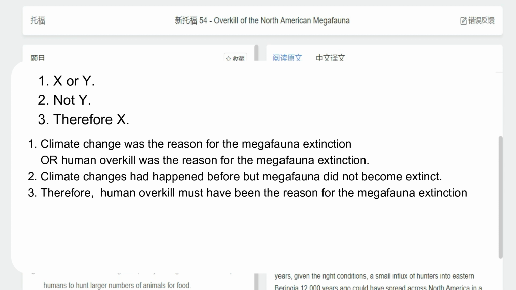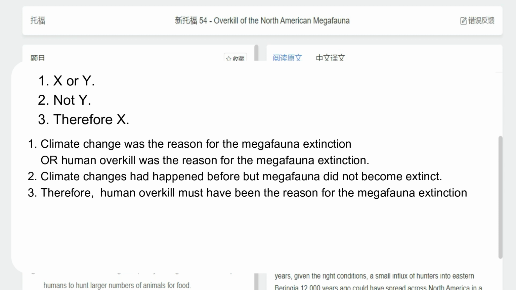So let's substitute content here. Climate change was the reason for the megafauna extinction, or human overkill was the reason for the megafauna extinction. Climate changes had happened before, but megafauna did not become extinct.